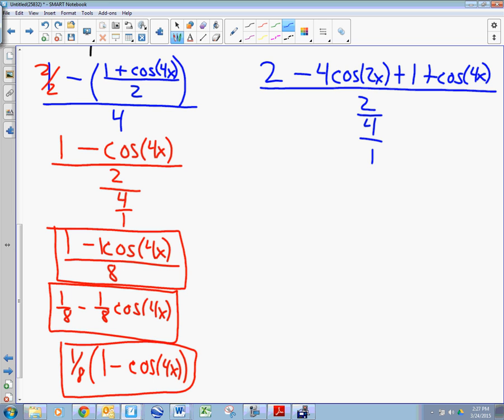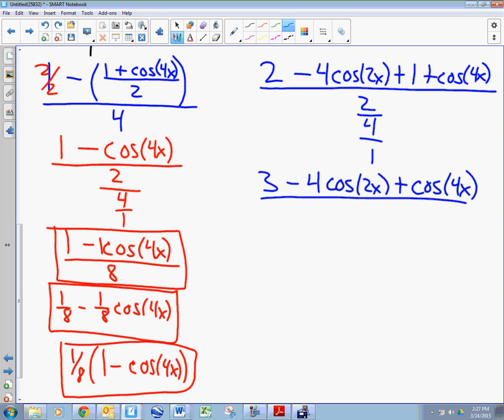What can I combine in the numerator? 2 and 1 make 3. So 3 minus 4 cosine of 2x plus cosine of 4x, all over 2 over 4, which is over 8.